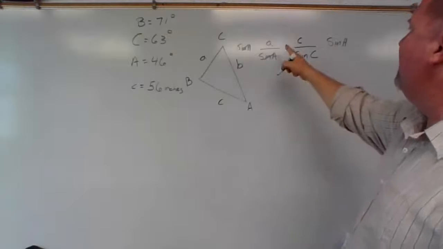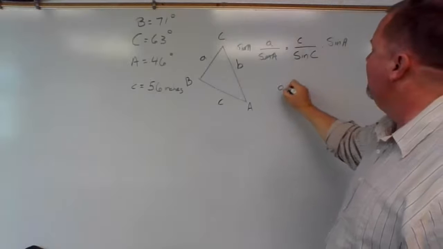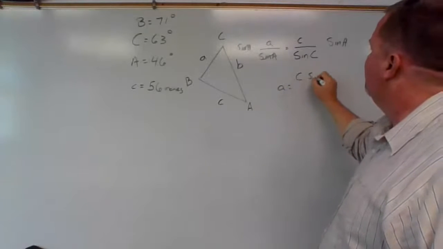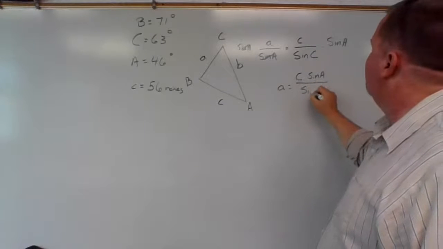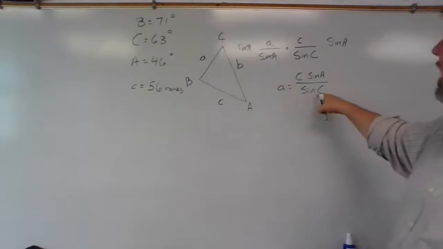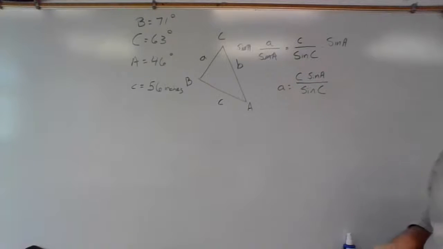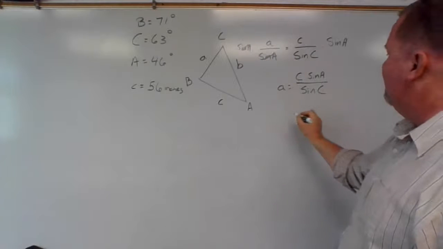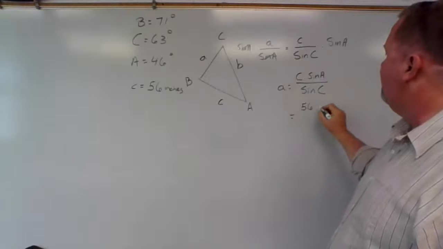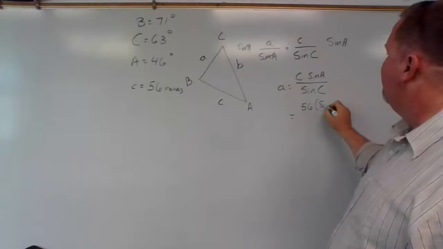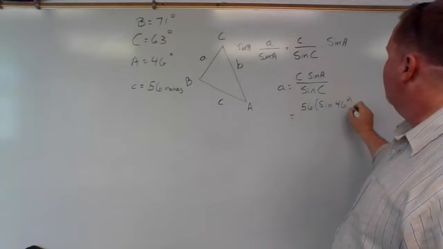And so I have A equals C times sine A over sine C. Remember, when we do sines, that's of the angles. That's a capital C. This is a lowercase c because it represents the side. And so side C is 56 inches times the sine of angle A, which is 46 degrees.